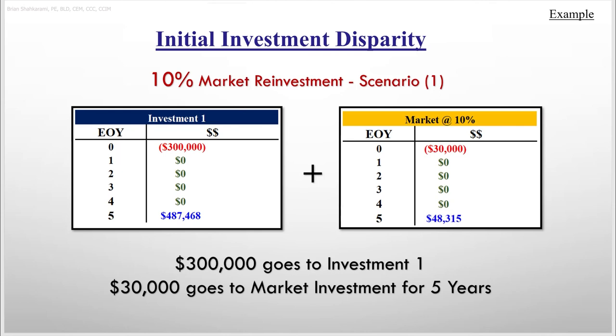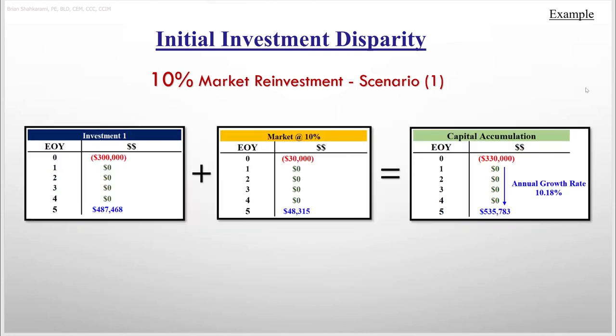Now we will combine the two. Our combination investment at a market reinvestment rate of 10% gives us a total capital accumulation of $535,783. This gives us an annual growth rate for our capital of 10.18%.